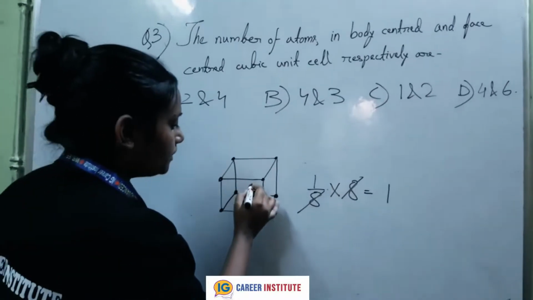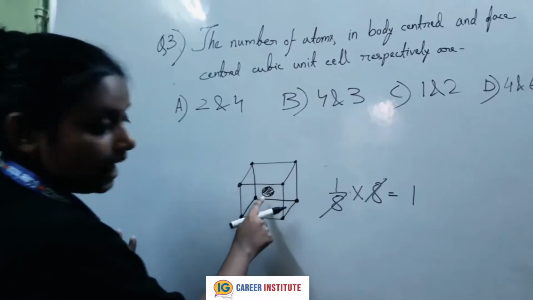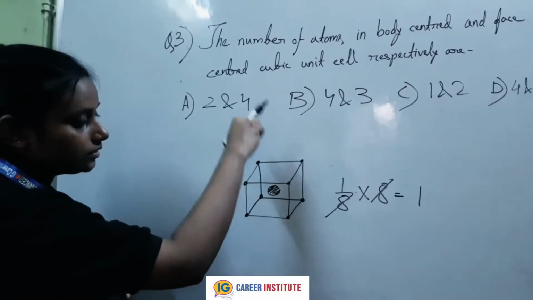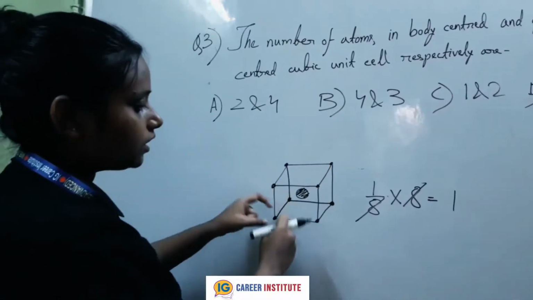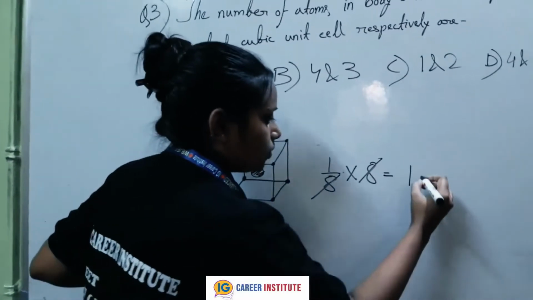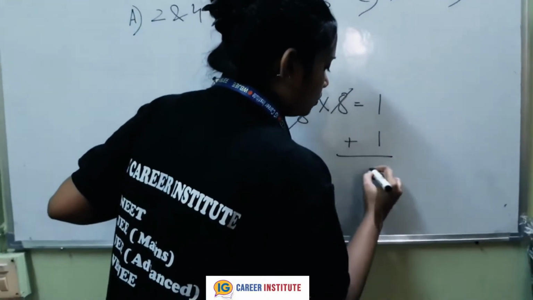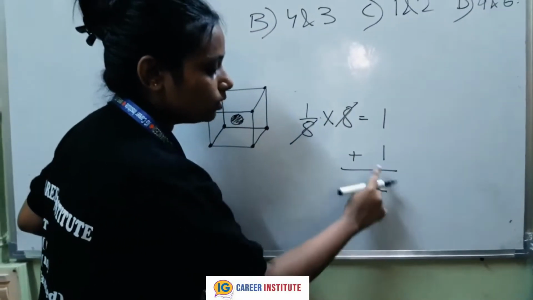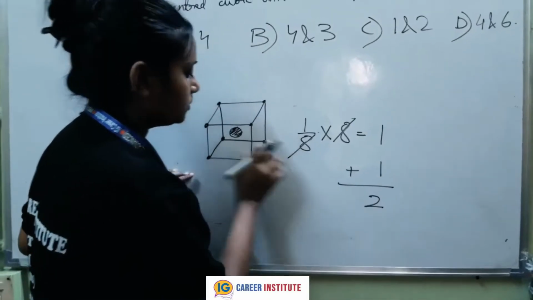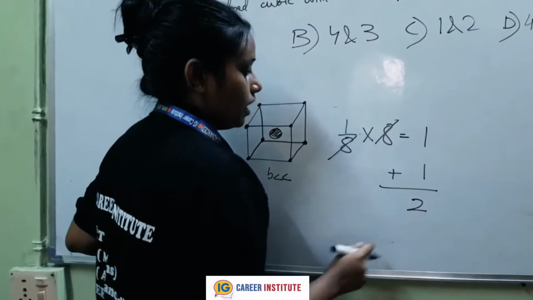Now in body-centered there is an additional atom at the center, and that atom is wholly present inside the cube. So what is the contribution of that atom to this cube? That will be 1. So plus that will be another 1. Overall total 2 atoms, the total effective number of atoms present in BCC, that is body-centered cube, will be 2.